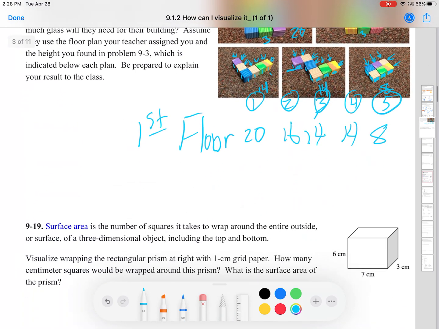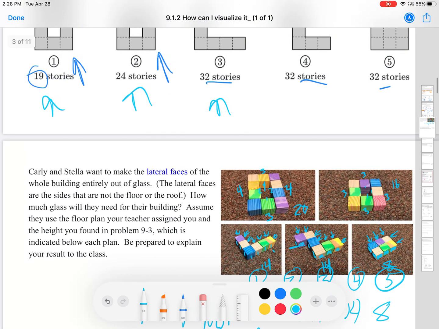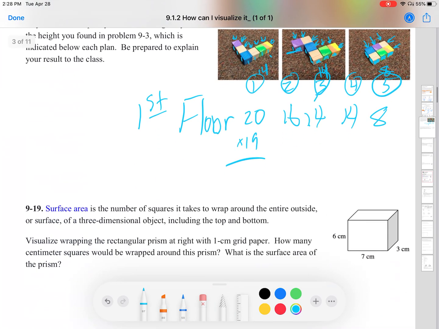So what you're going to do is just multiply this by 19, and you're going to have your total. And you're going to multiply that 16 by how many? 24 stories, right? So times 24. And when we do that, we'll get all of those answers that we are looking for. This one turns out to be 380 square units, right?